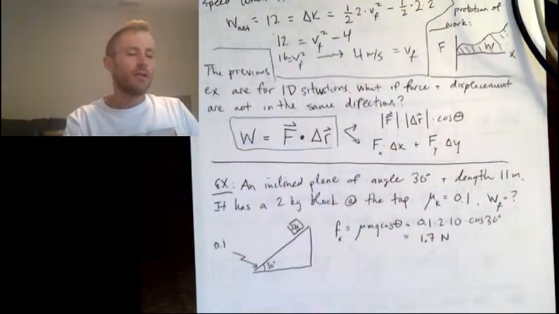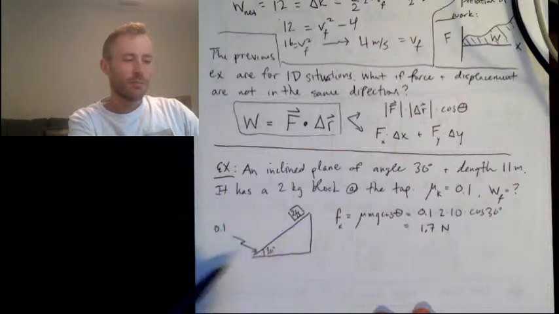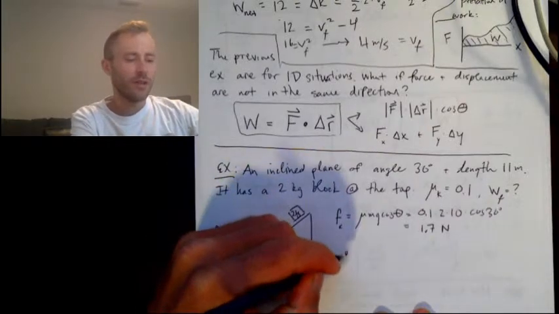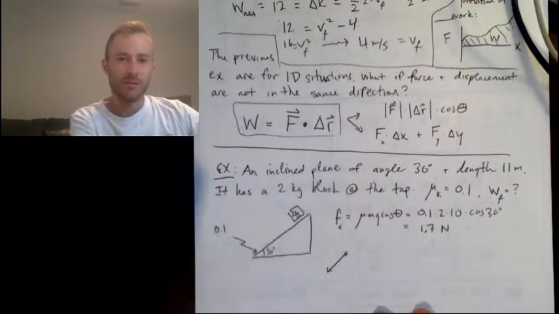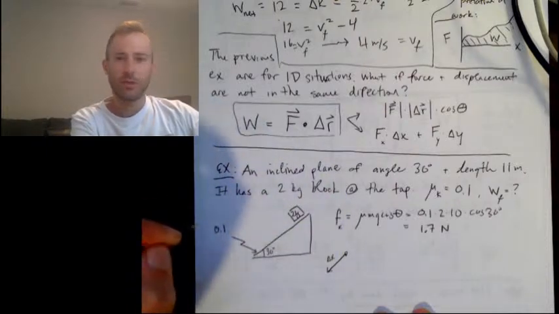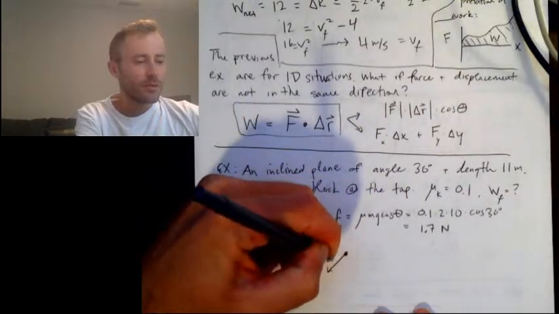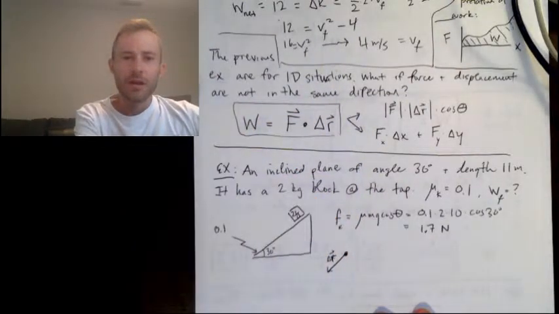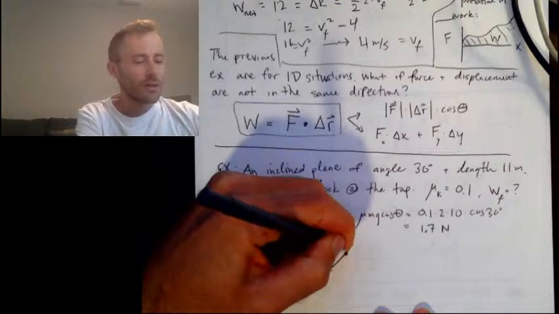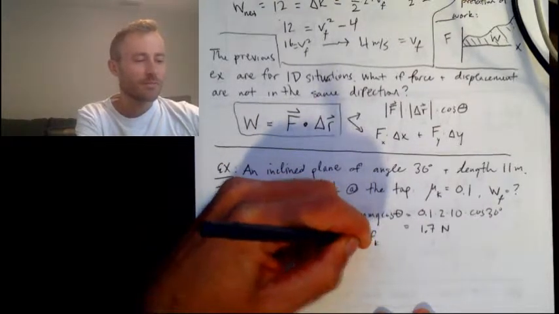Now, the block is going down the incline in this direction. So that's the direction of our displacement, delta r. The friction force is going in the opposite direction.